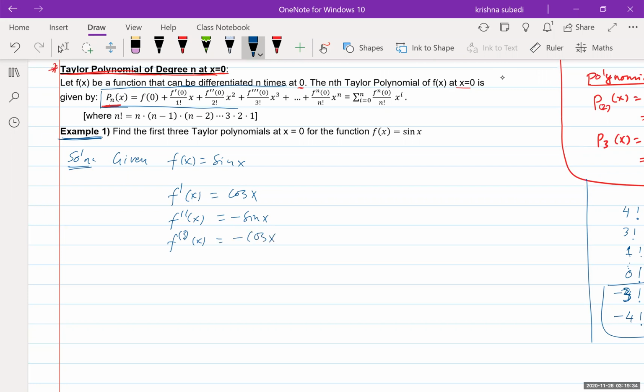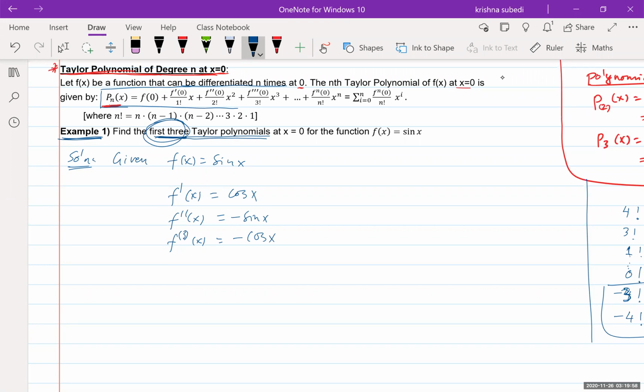Because we want to find the first three Taylor polynomials, I just want to find up to the third derivative. Because of these words, first three, that's what we want to find.